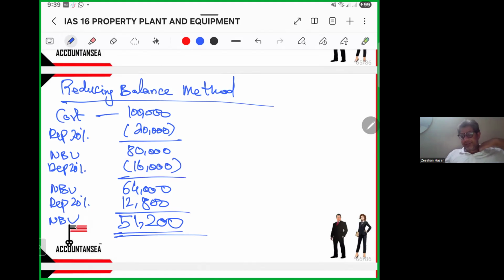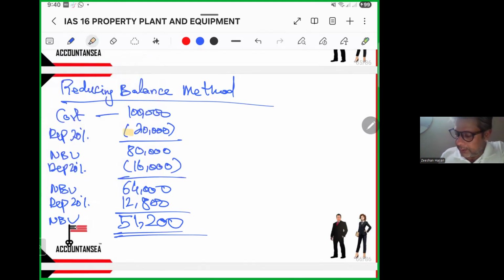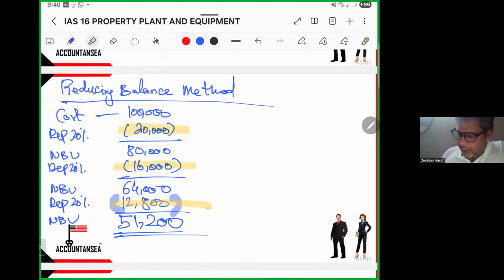So what it's doing actually, see over here, earlier it's the higher depreciation, then it's getting lower, then again lower and lower.